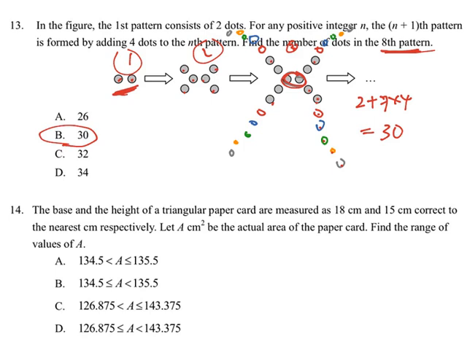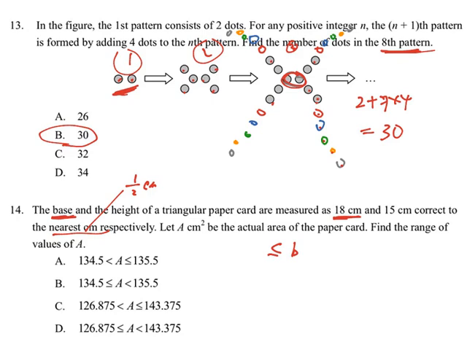Next one is about the range of the value of the error. So first we need to see the base. The base is 18 cm, nearest cm. So that means this base is between 18 minus 0.5, for nearest cm, so it's 1 over 2 cm, the error.